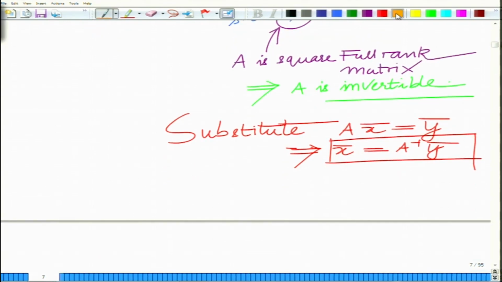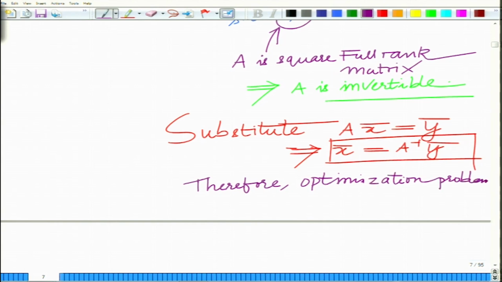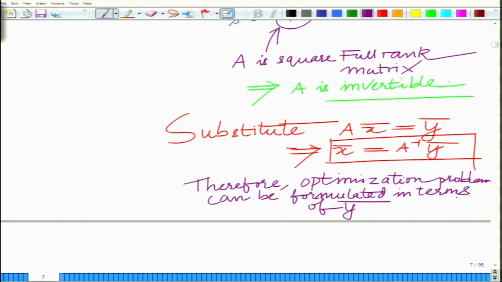Okay. Now, we will write the equivalent optimization problem in terms of y bar. Therefore, the optimization problem can be formulated in terms of y bar.